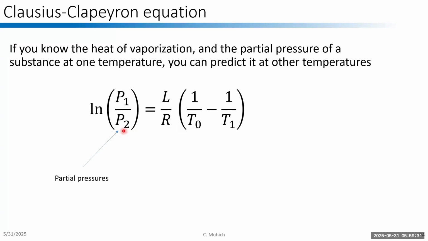Sorry, these should be 0 and 1, not 1 and 2. So if I know the partial pressure at one point, I can use this equation.